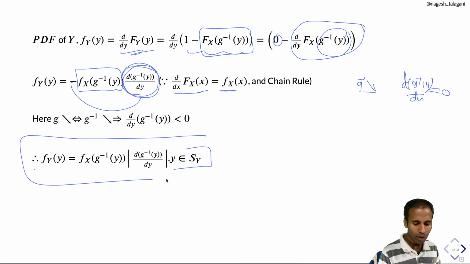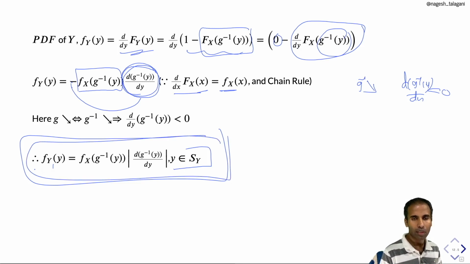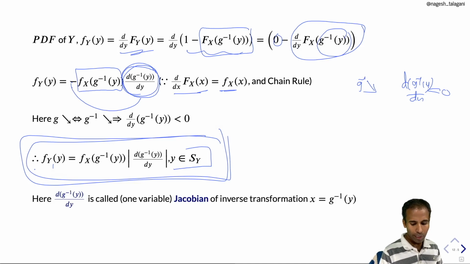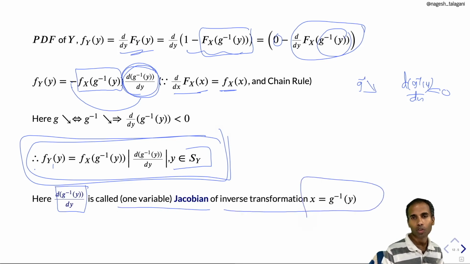So in both cases we end up with the same expression for the PDF of Y. This is how we can obtain the PDF of Y in terms of the PDF of X when G is a one-to-one differentiable function. Here the derivative d of G inverse y by dy is called the one variable Jacobian of the inverse transformation x equals G inverse y.